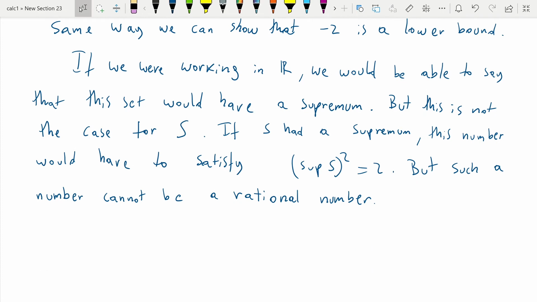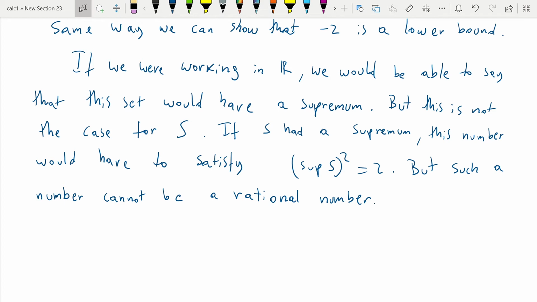We will see actually that the supremum of a modification of S, where you include real numbers, is a valid way of defining the square root of 2.